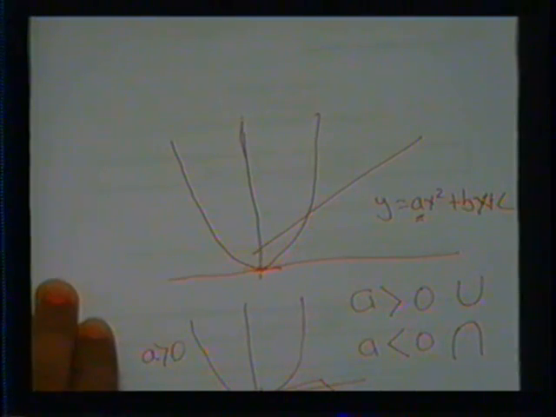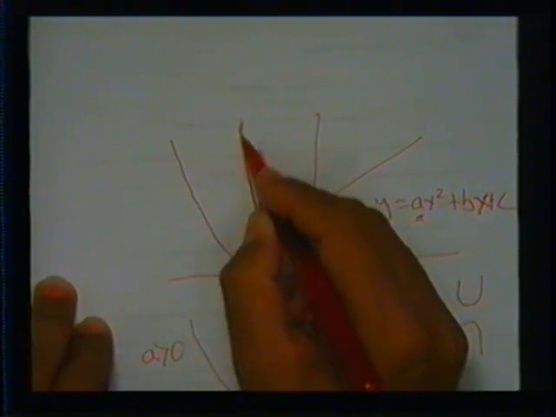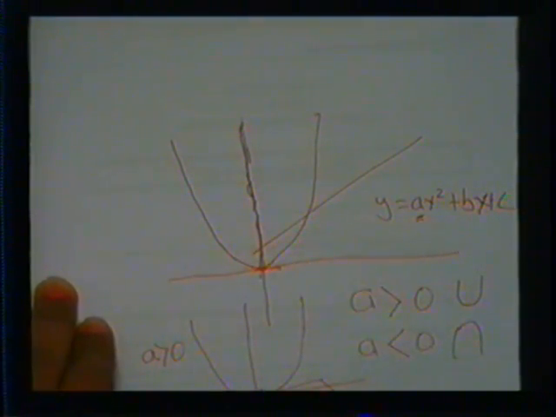That a is greater than 0. Okay. And what else? It's a parabola. Yes. And then it is also symmetric about this line. It's a line of symmetry. Exactly.